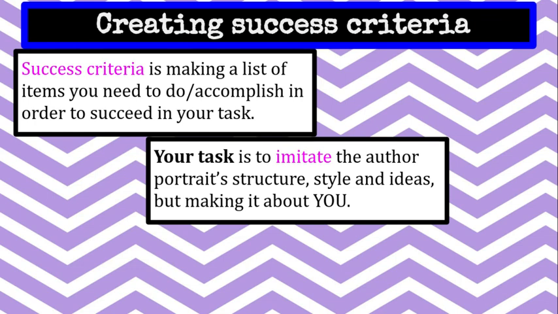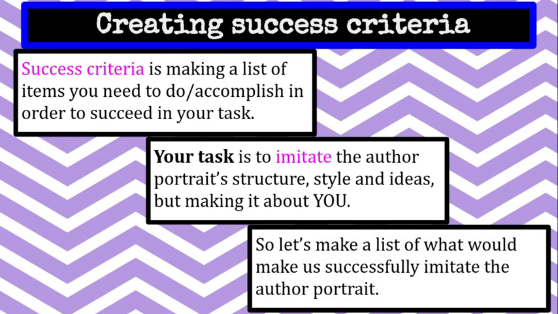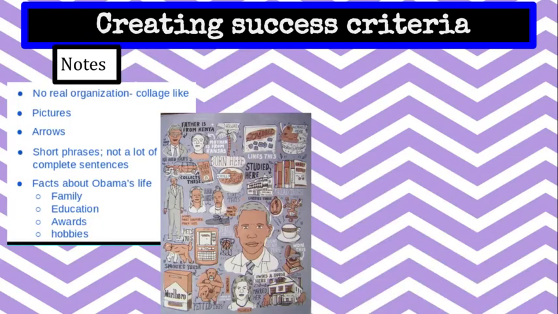You are going to do that, and you're going to make it look like our mentor text. And in order to do that, we need to know what we need to do to be successful in this task. So we're going to make a list of what would make us successfully imitate the author portrait. Imitate means to use as a model, to use ideas and things that reflect our mentor.